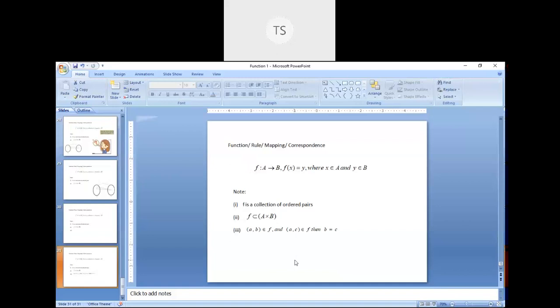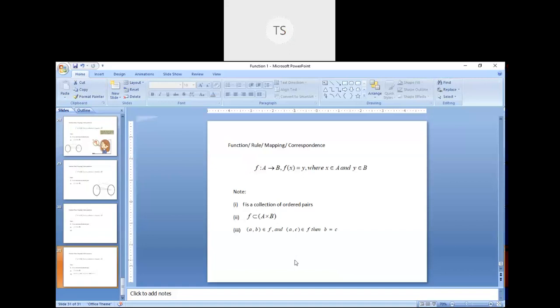Then there is only one possible condition, and that is the second elements must be equal. But why, if (a, b) and (a, c) are in f, must b equal c? Because the image must be unique. If you consider the arrow diagram, from a there must be only one arrow.